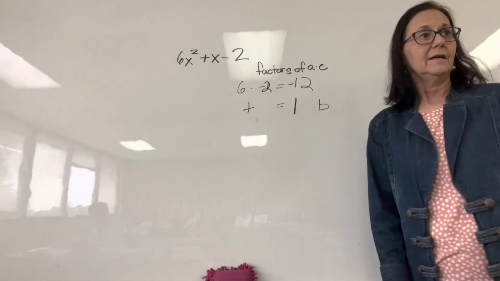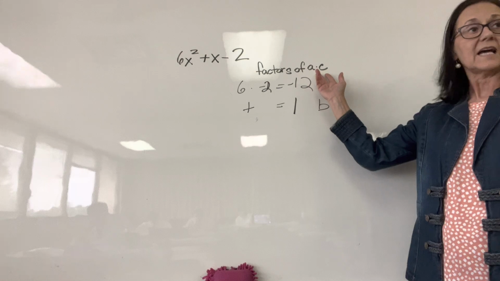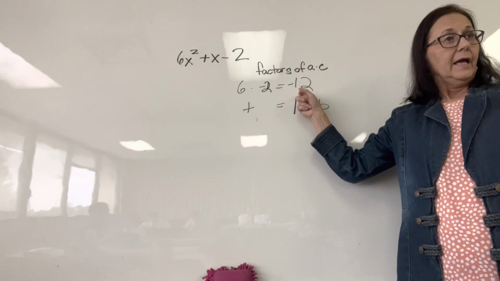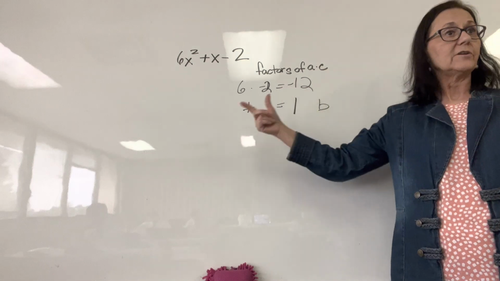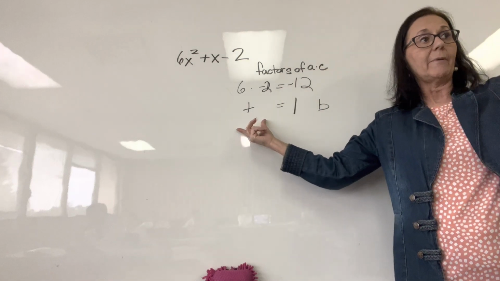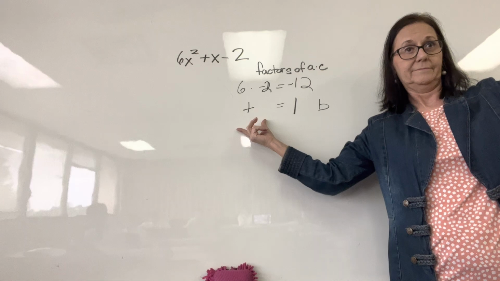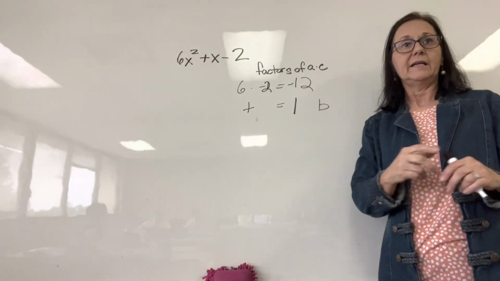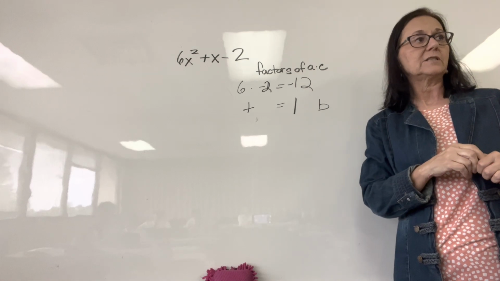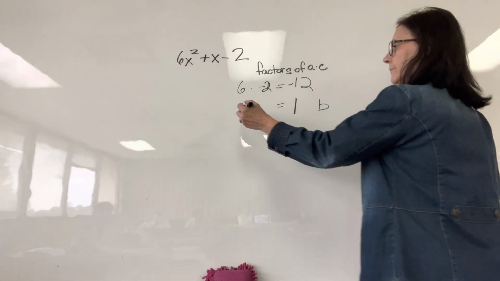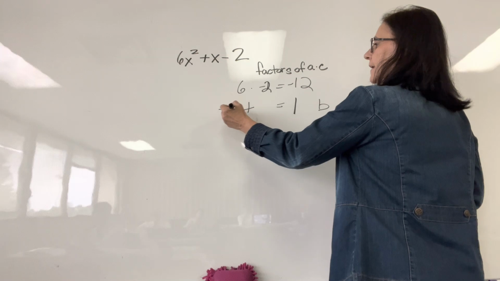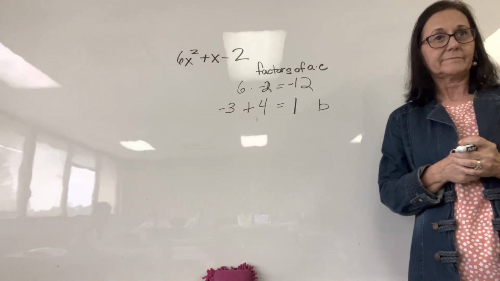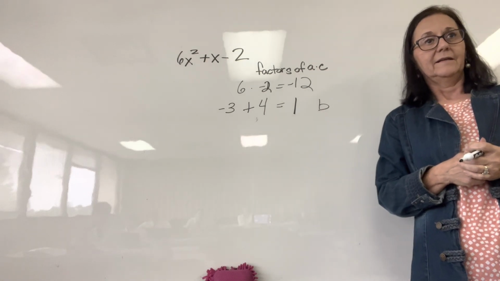So we're multiplying a times c, looking for factors of that value such that we add them and get b, but we're not done at that point. What are factors of -12 such that we add them and the result is positive 1? Caroline: -3 plus 4. Got it? Okay. Is that the answer? No, I'm not done.